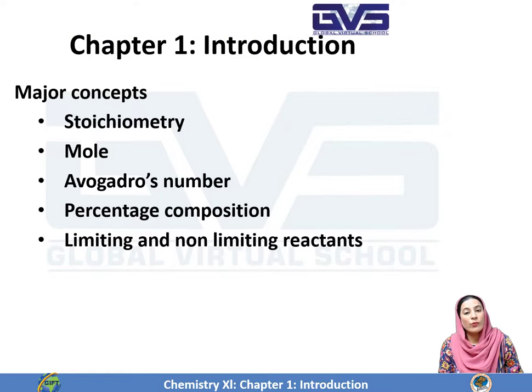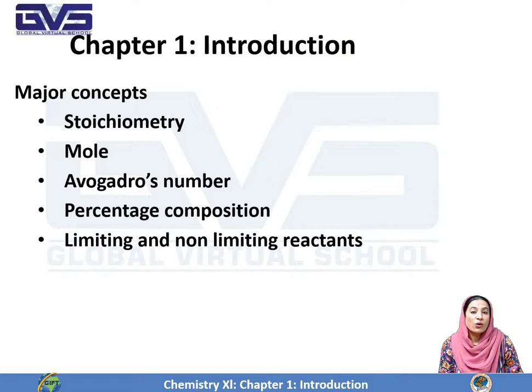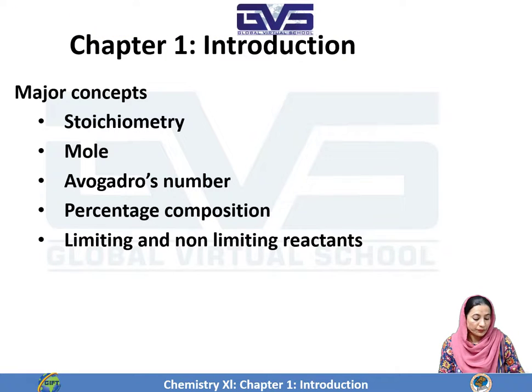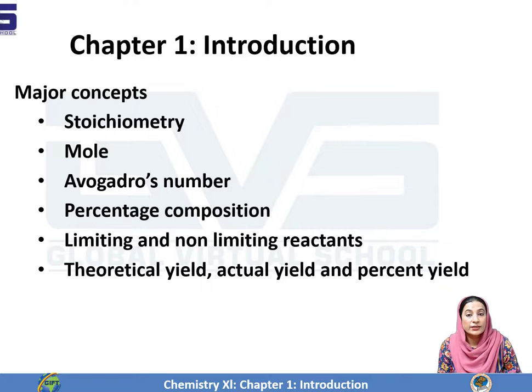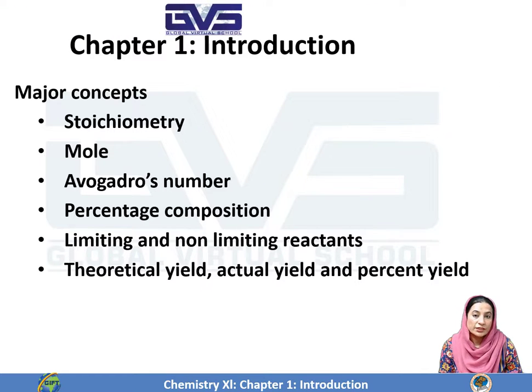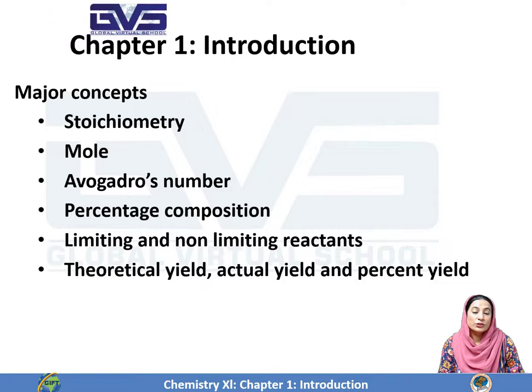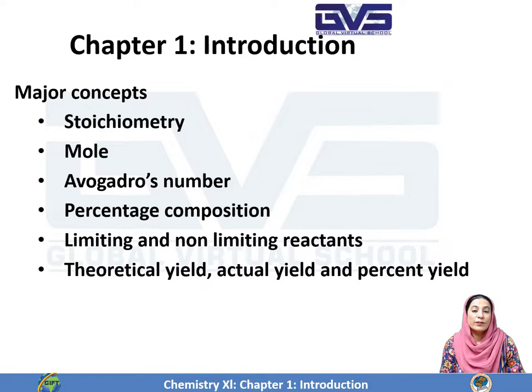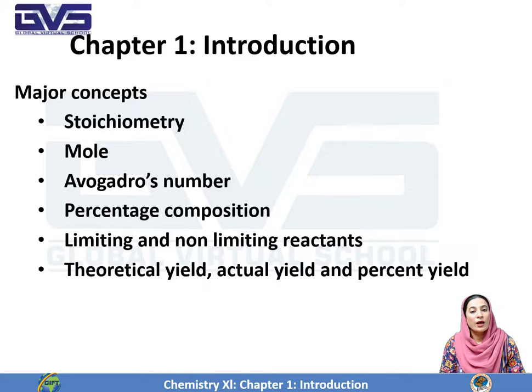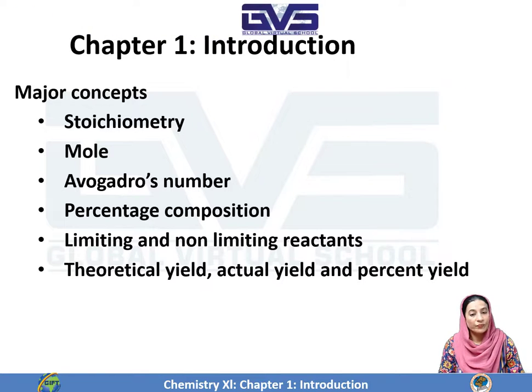So this is very important to understand the concept of these topics. Then we will discuss theoretical yield, actual yield, and percentage yield. For these yields, you should know about stoichiometry, mole, Avogadro's number, and molar volume. All this we will discuss in Chapter 1.